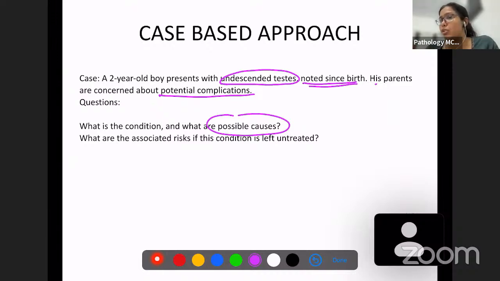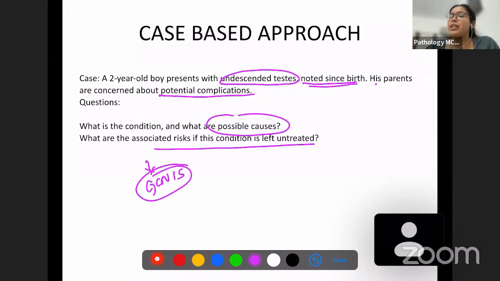There are hormonal causes of undescended testis. There could be anatomic obstruction of undescended testis. So these are the possible causes of undescended testis. Also, there could be genetic diseases like Klinefelter syndrome, which can result in undescended testis. What are the associated risks if it's left untreated? Most important, we discussed that in undescended testis or in a cryptorchid testis, we are going to develop GCNIS.